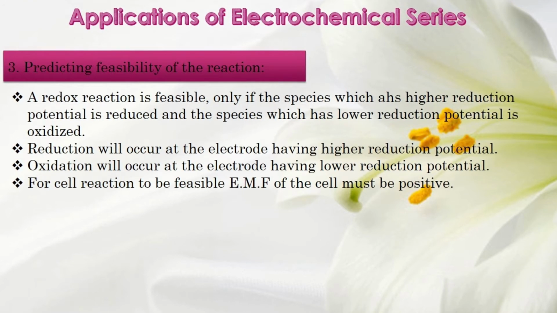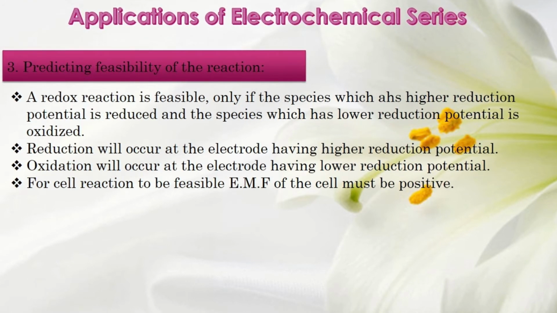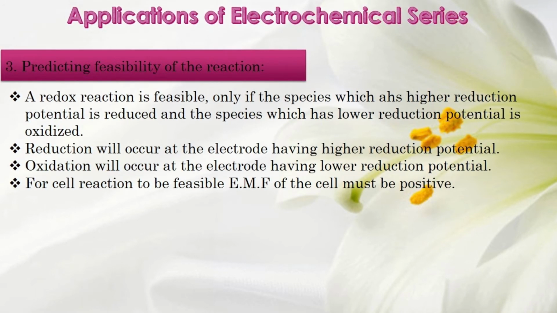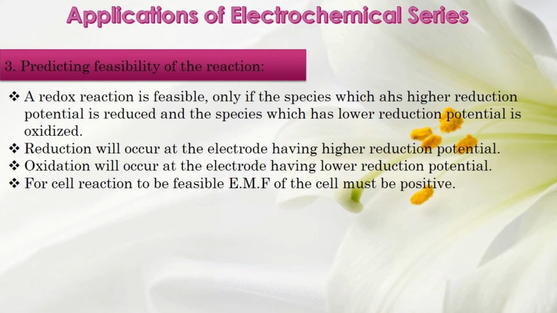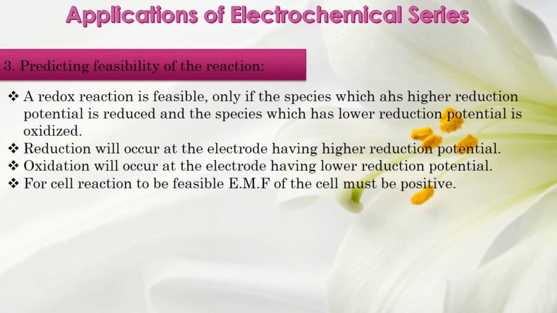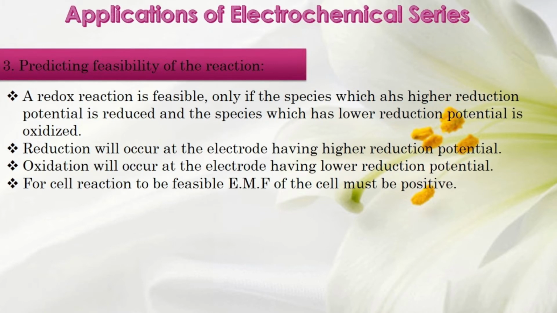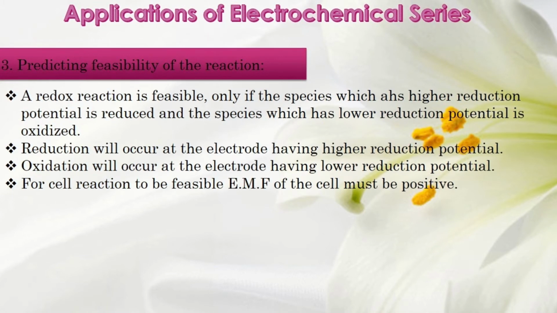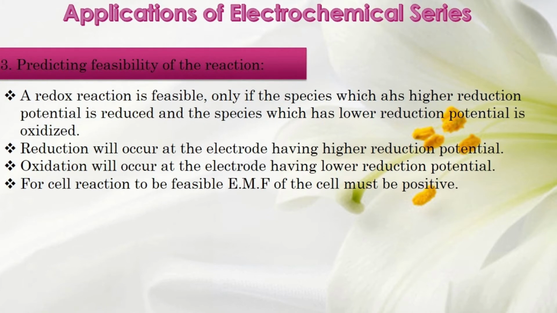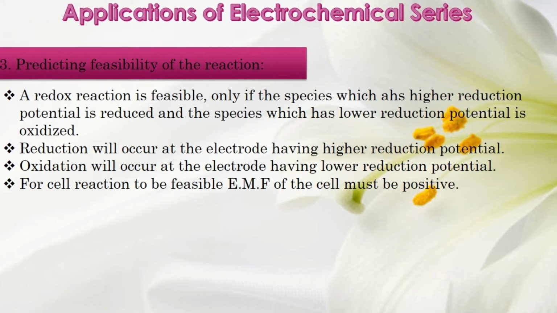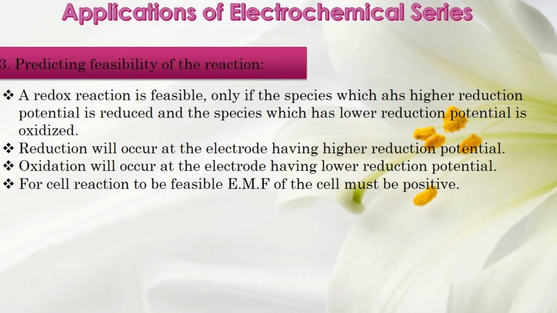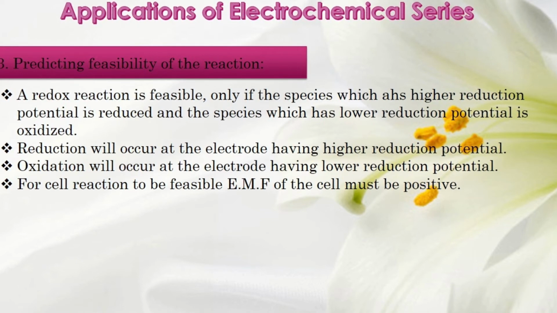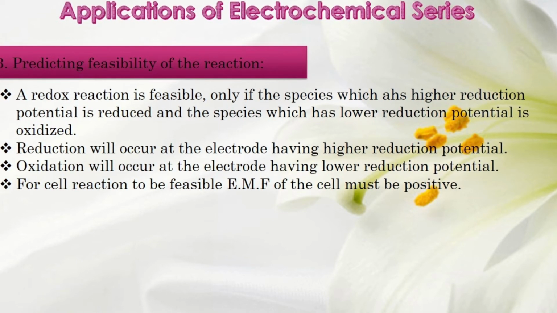In general, we can say a redox reaction is feasible only if the species which has higher reduction potential is reduced, that is, it accepts the electrons, and the species which has lower electrode potential is oxidized, that is, it loses the electrons. Otherwise, a redox reaction is not feasible. In other words, the species to release electrons must have lower electrode potential as compared to the species which is to accept electrons.